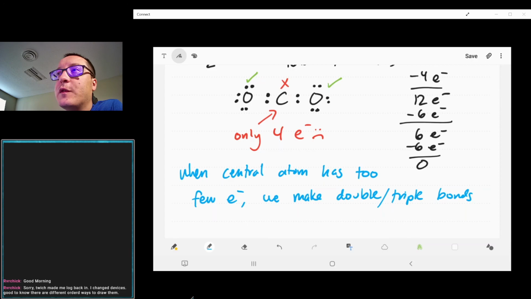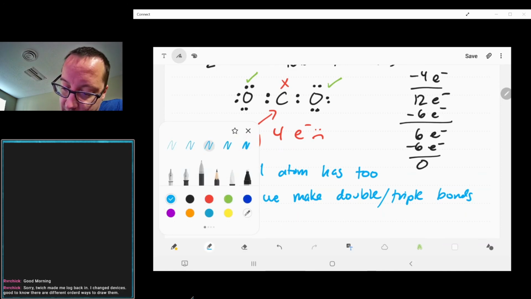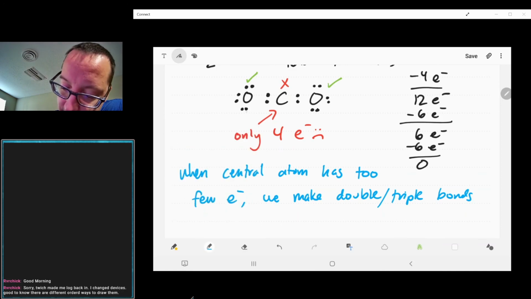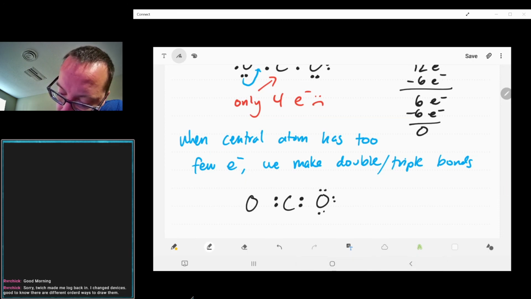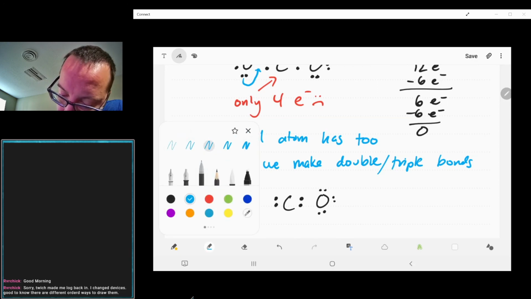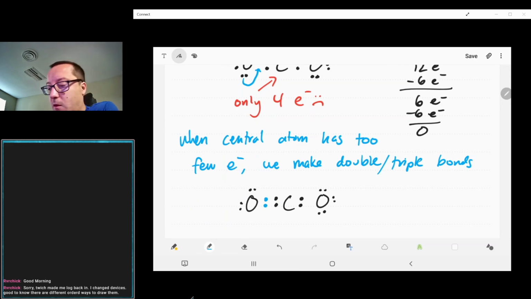So, if we are going to try and make this carbon dioxide happy, what we can do is, okay, let's try actually sharing this lone pair over here. Let's see what that would look like. I'm going to just redraw that down here. I'm going to just redraw those 2 electrons in light blue so we can see.